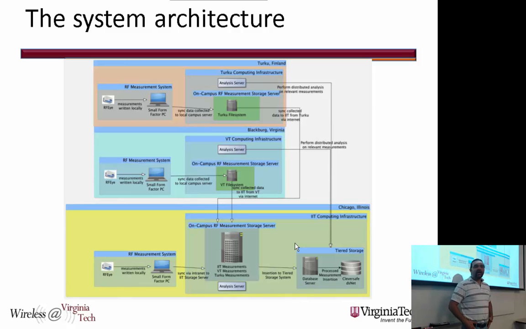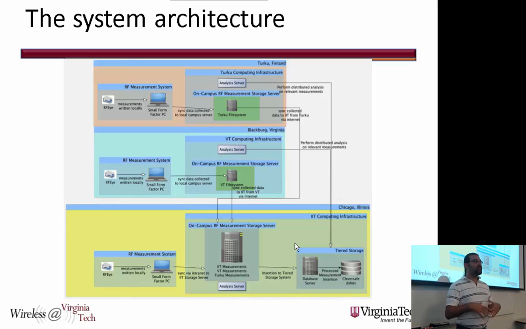The idea is that we collect the data in different sites in the US and Finland, then buffer this data for a few weeks or a few months, while the big part that works as the repository to keep everything is the big servers at IIT in Chicago.